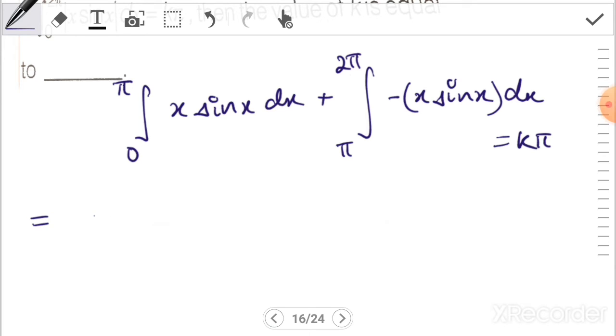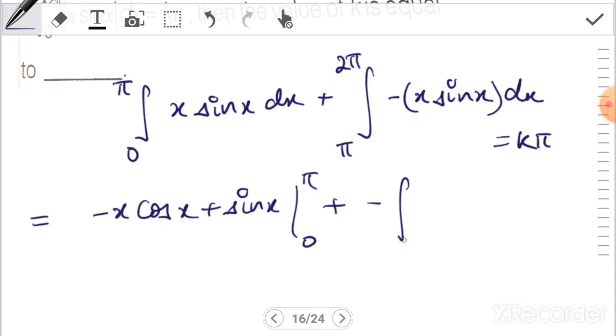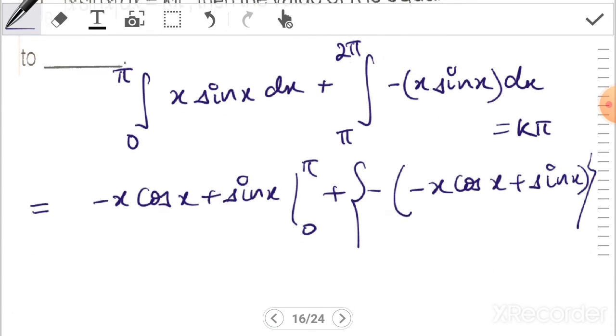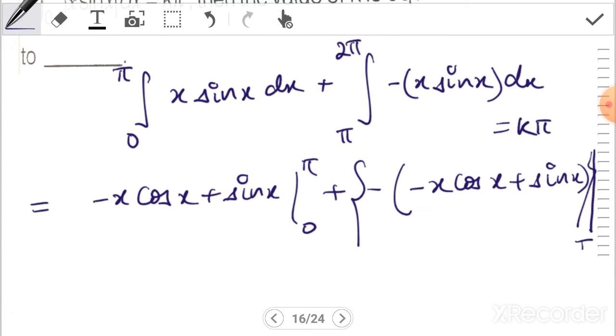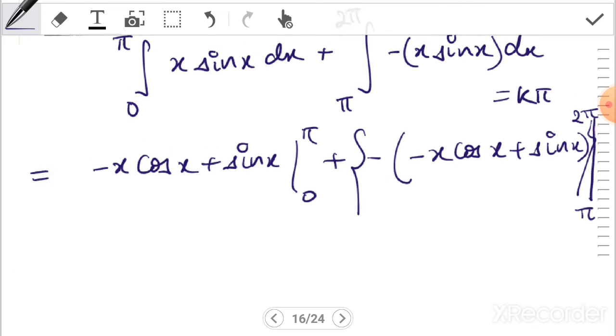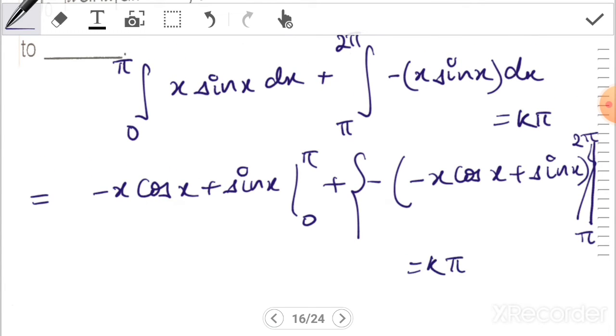Evaluating, we have minus x cos x plus sin x from 0 to pi, plus minus of minus x cos x plus sin x from pi to 2 pi, which is equal to k times pi.